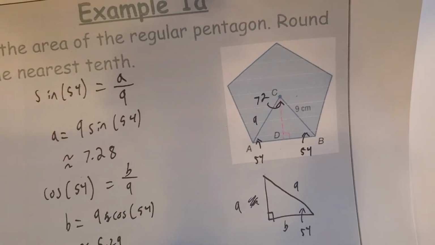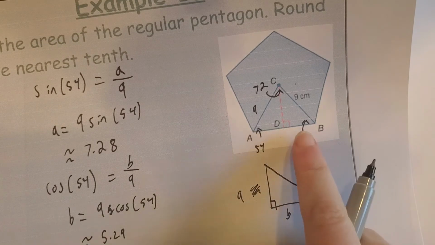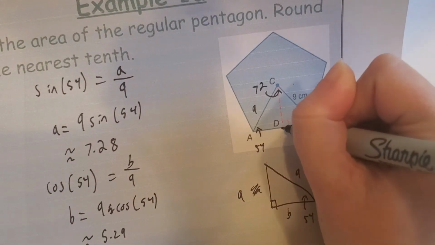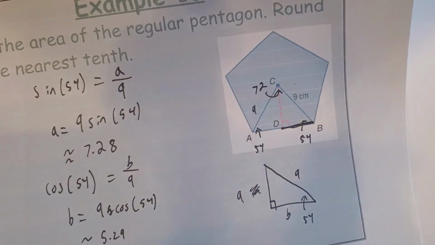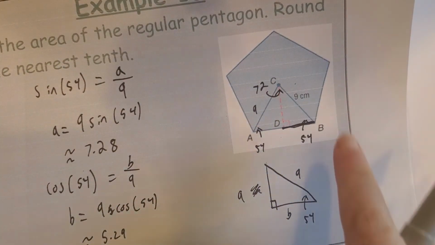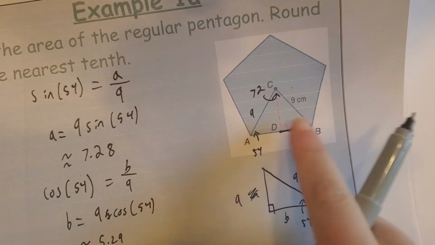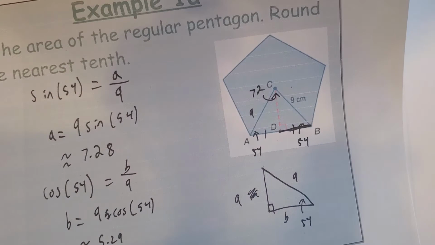So I want to go back to this picture for a second. 5.29 was B, which if you go back here, represents BD. But BD is not the full side of the pentagon. It's AB. If we know, though, that these are congruent, the angles are also congruent, and then AD and BD are congruent.